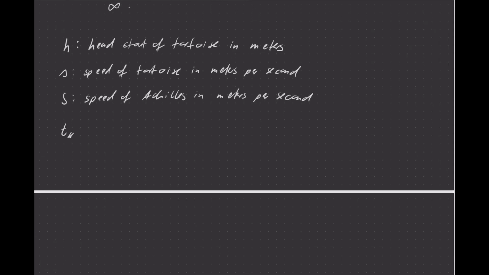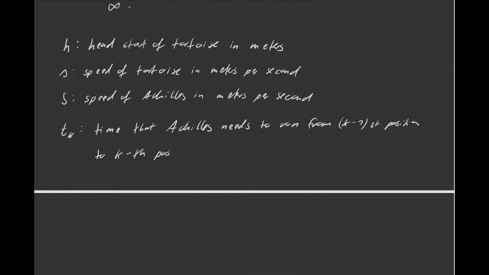So tk is the time that Achilles needs to run from the k minus first position to the kth position, where the position is always determined by where the tortoise stands at the last point that Achilles reached.